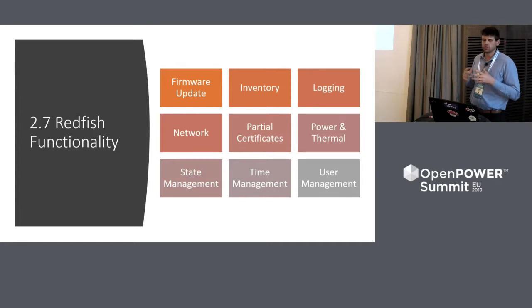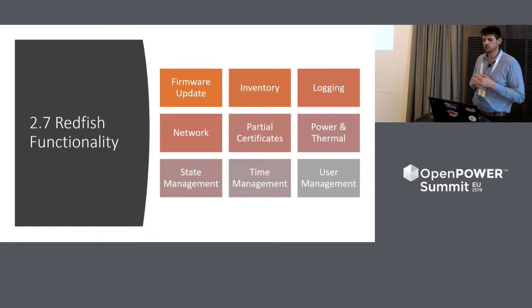And what Redfish functionality was in the 2.7 release: firmware update, inventory, logs, network, power and thermal, power state management, user management. It's kind of the base of what you would expect for hardware management using your BMC.